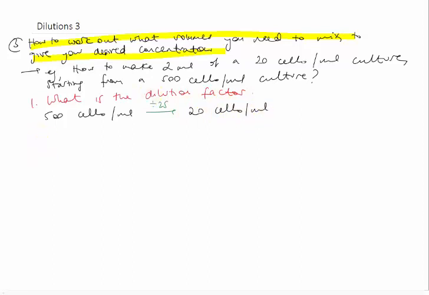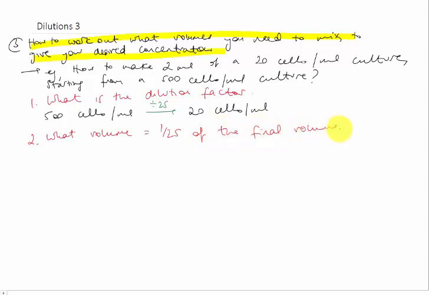And second, we have to work out what volume that corresponds to. What volume equals 1/25 of that final volume? Remember, the definition of dilution factor is the total volume over the volume of concentrate.